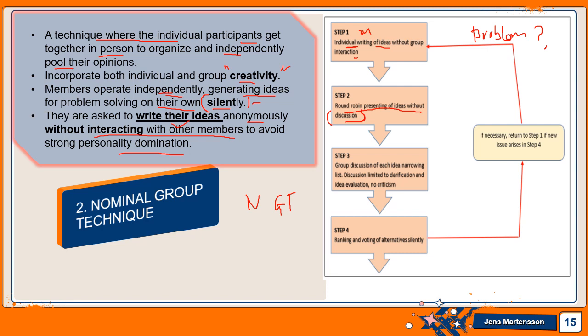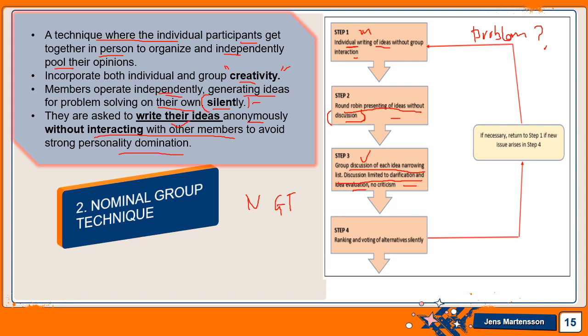Then step number 3 is group discussion of each idea, narrowing the list. Discussion is limited to clarification and idea evaluation, no criticism. So once all the members have presented their ideas, then each idea will be discussed. Barulah idea ni akan di-discuss, dibincangkan.